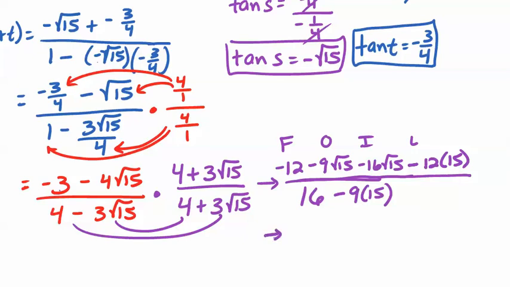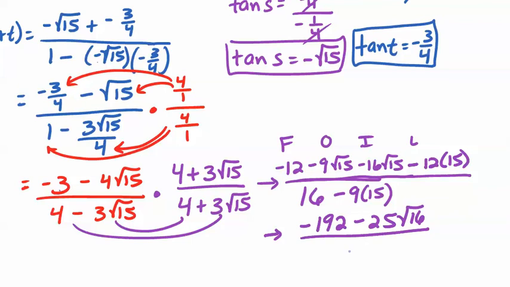So we're almost there. A little patience and you'll do fine. You can use your calculator to do some of this arithmetic. So this is a -12 and this is a -180. So we have -192. And two negative like terms here. We've got a -25 times the square root of 15.